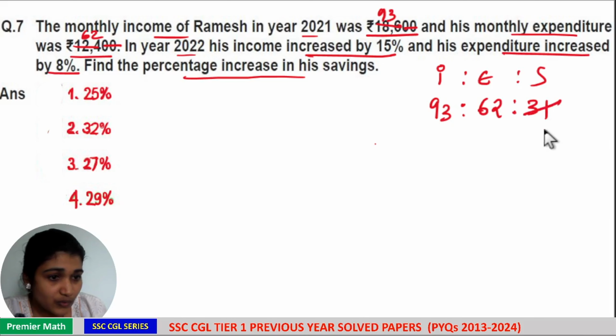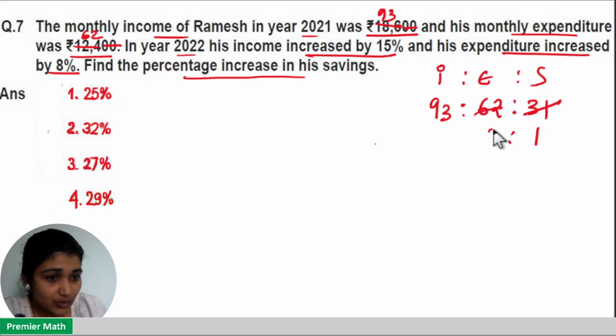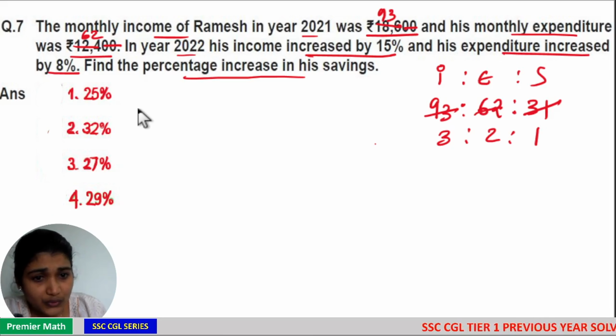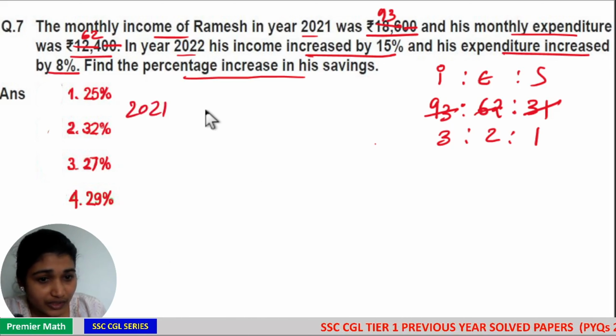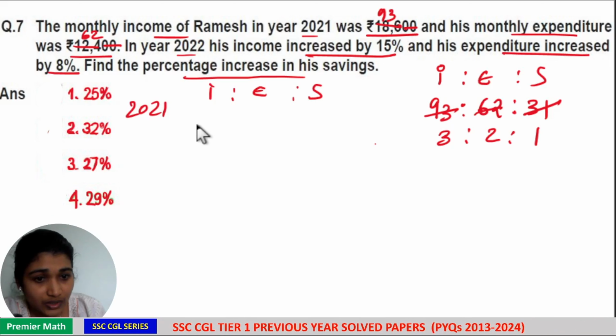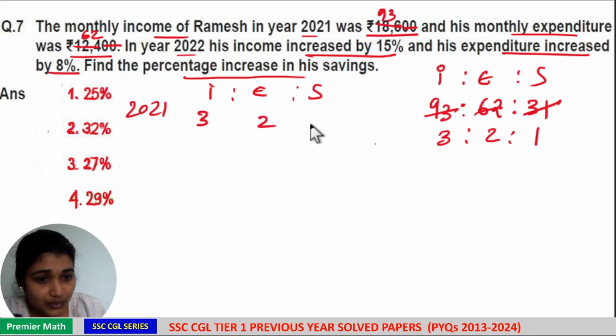So 31 goes 1 time in 31, 2 times in 62 and 3 times in 93. So the income, expenditure and savings ratio is equal to 3 is to 2 is to 1. So this is in 2021: income, expenditure and savings ratio become 3 is to 2 is to 1.